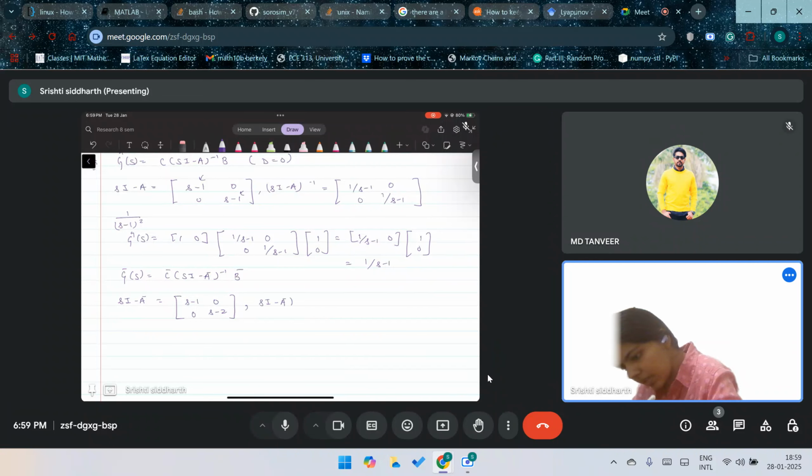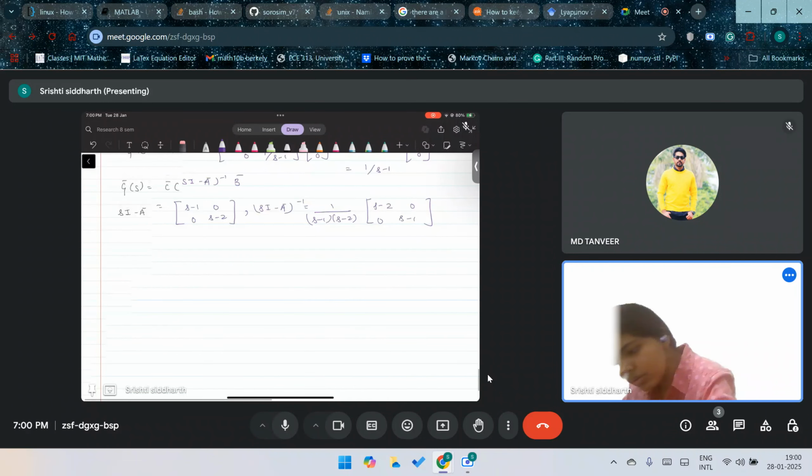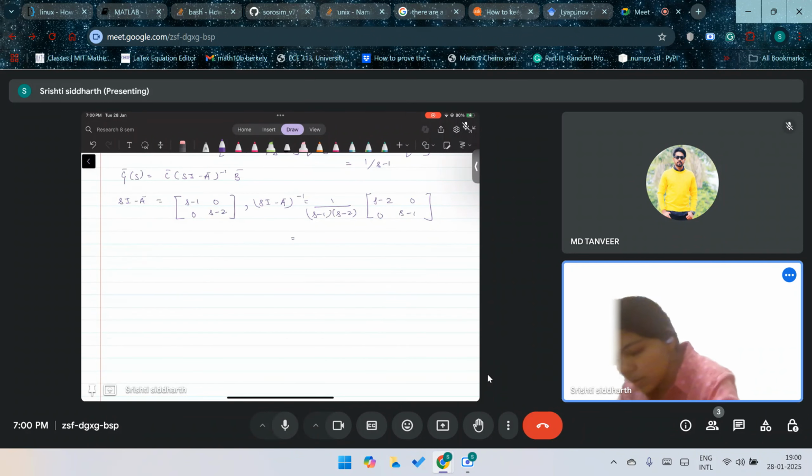And (sI minus A bar) inverse is, let's see, these are just zeros and we solve these. So then we get 1 over s minus 1, 0, 0 and 1 over s minus 2.